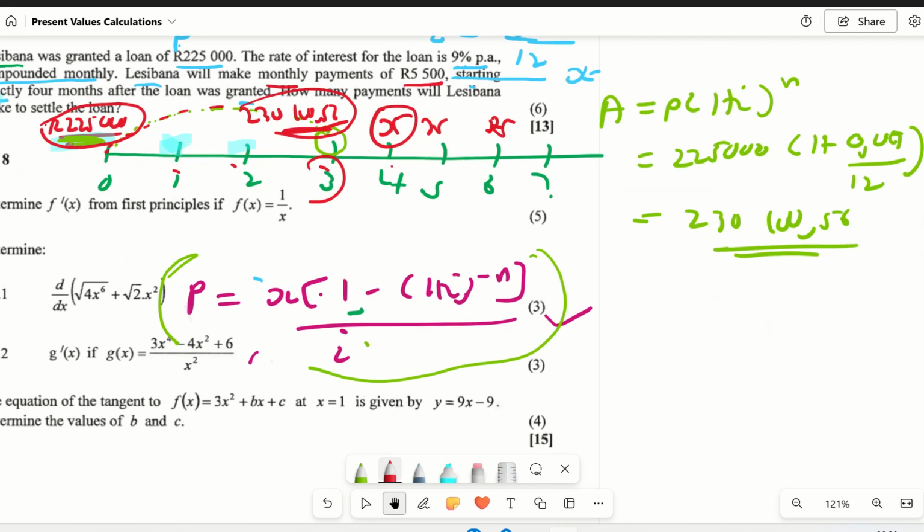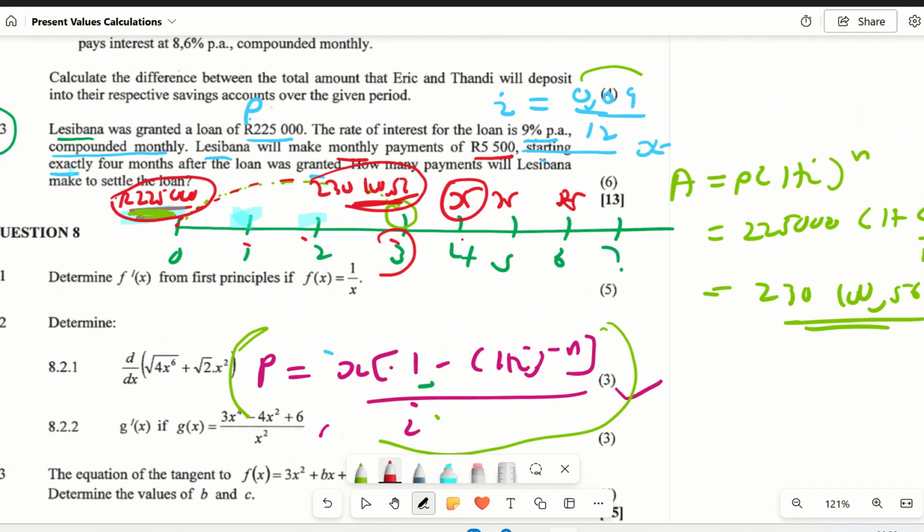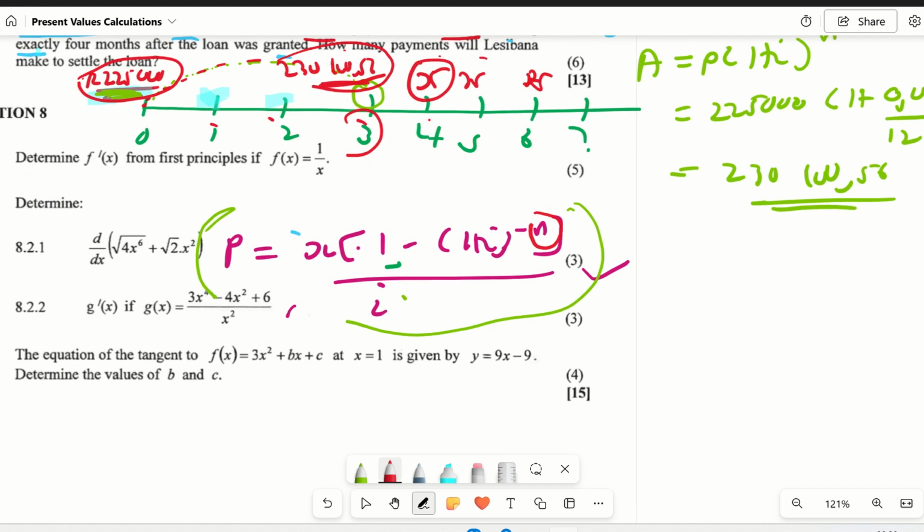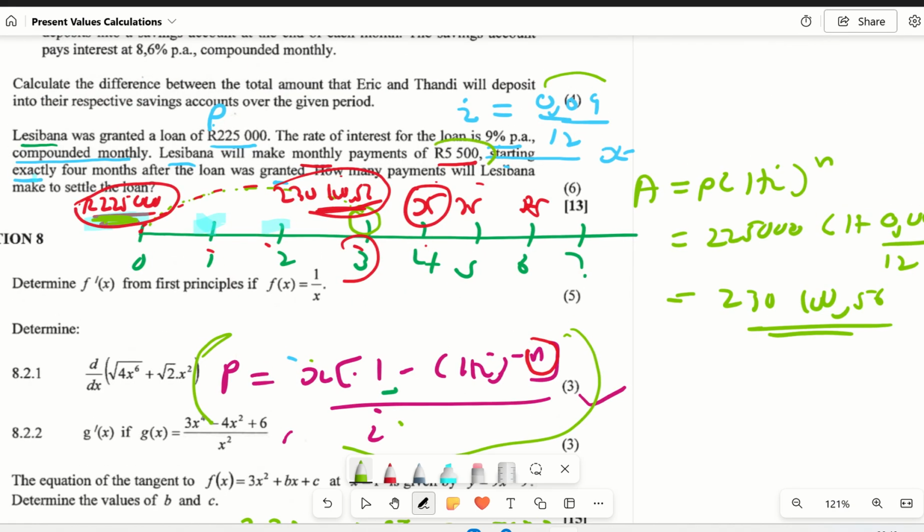Okay, so let's go ahead and apply it. So the question was, how many payments will the receiver make to settle the loan? So essentially, you're working around this, the N. So the loan amount essentially is 230,100.56 equal to your X, which is 5,500. Remember that's given there.